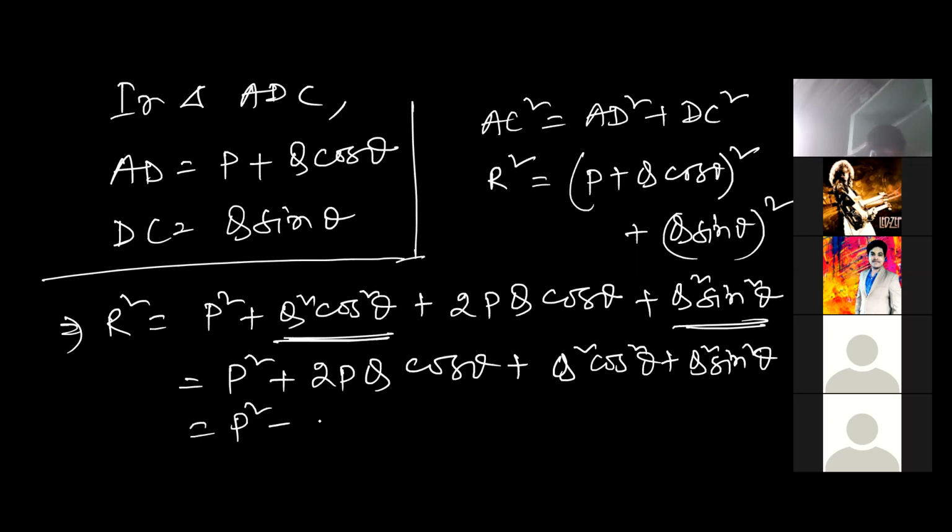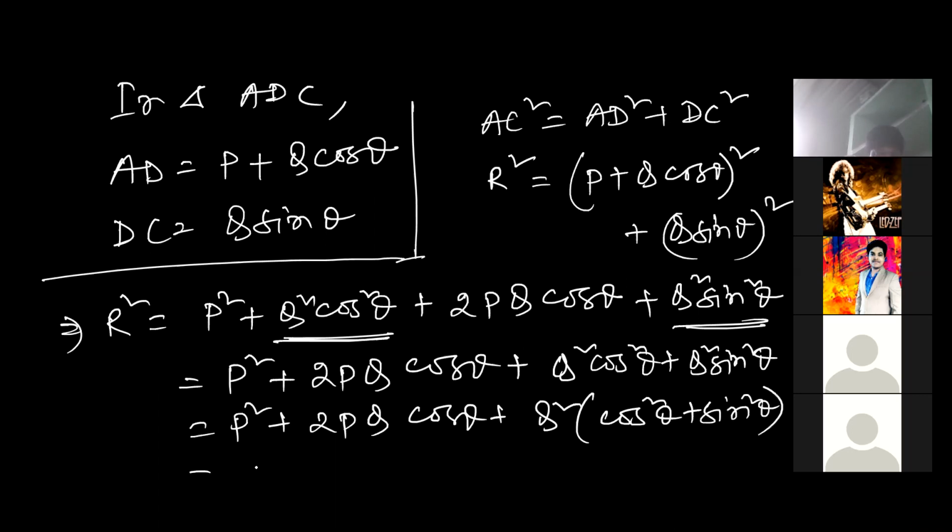So in the next line, Q square can be taken as common and it will be cos square theta plus sine square theta. Now, what is sine square theta plus cos square theta? Guys, it's just a basic trigonometry formula.